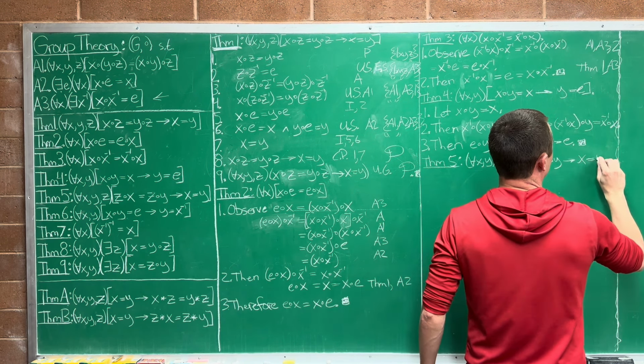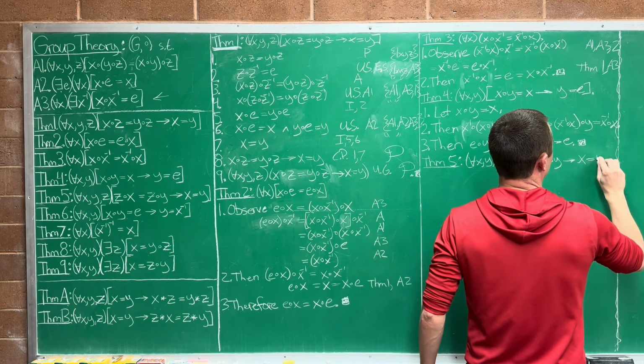Let x, y, z in G. So let x, y, and z be any elements from G, whatever our set is that all these things come out of, such that z circle x is equal to z circle y. So we grab 3 random things out of there, such that this is the case. I need to show for any 3 random things you grab out of there, if you made this the case, you also made that the case.